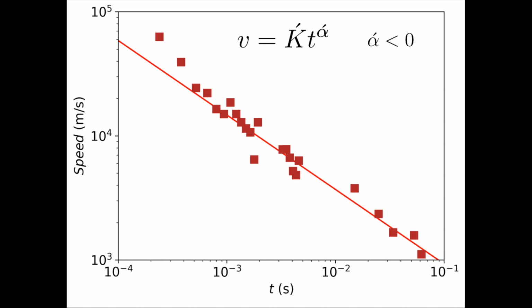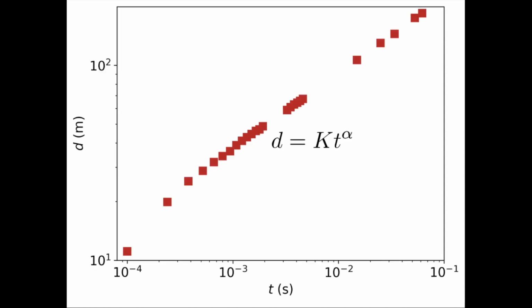We put accents or primes on k and alpha so as to not confuse them with k and alpha defined for the radius plot, d versus t. But the prefactor and exponent for the speed are connected to the prefactor and exponent for the radius, because the speed v and size d are connected, as we will see now.